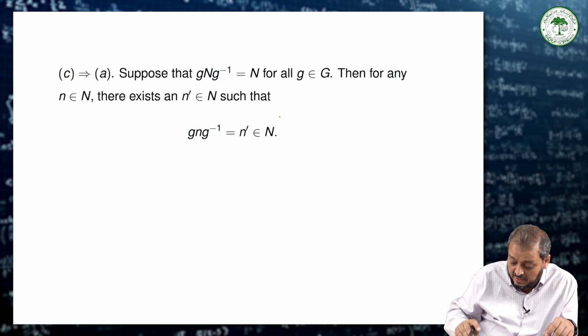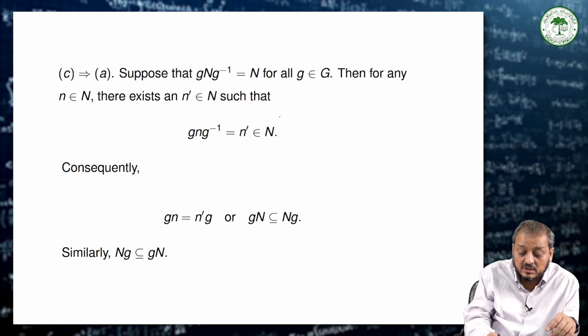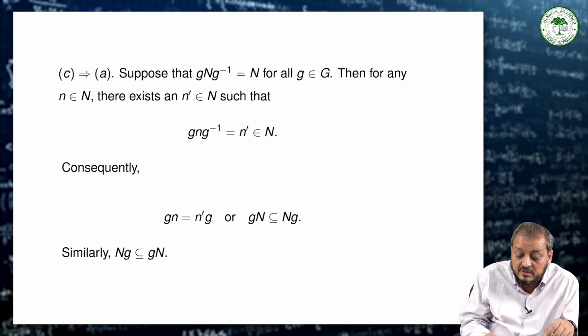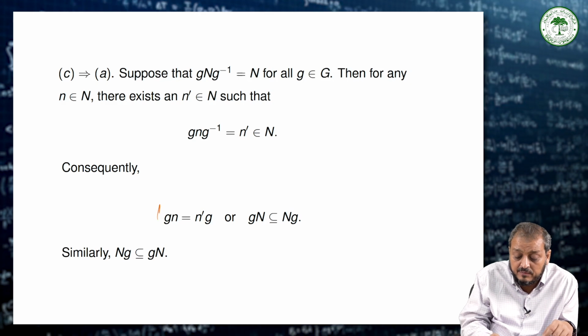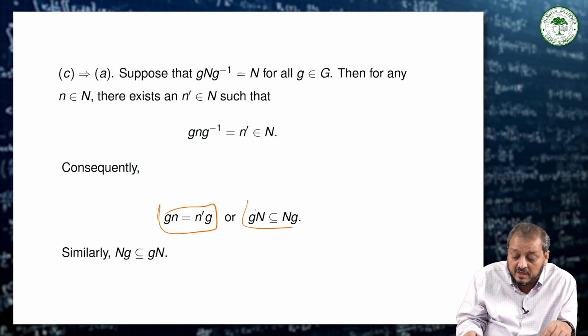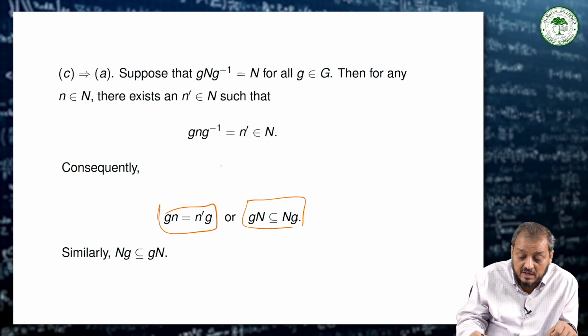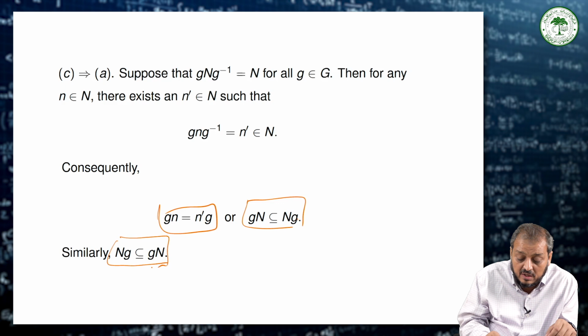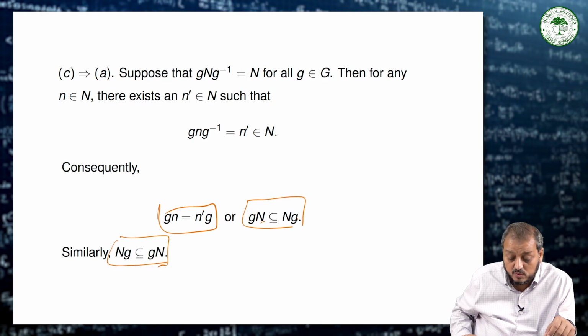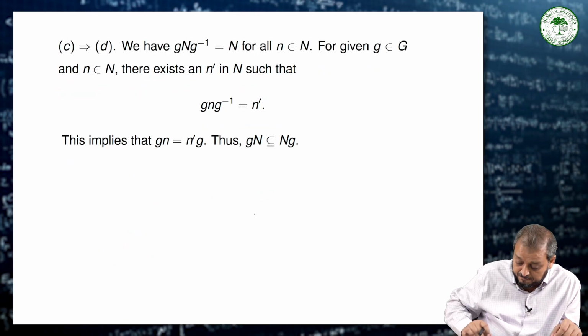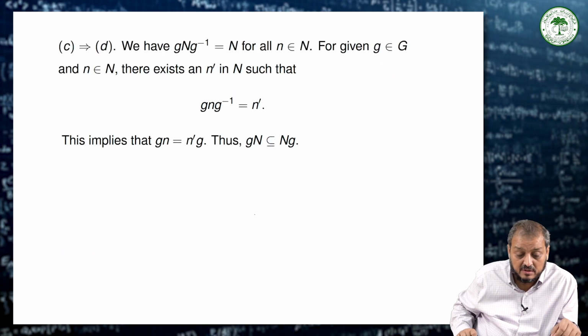This is an element of N, and consequently gn is equal to n'g, or we can say that gN is contained in Ng. Similarly, we can say that Ng is contained in gN. Then by these two we can simply say the result.